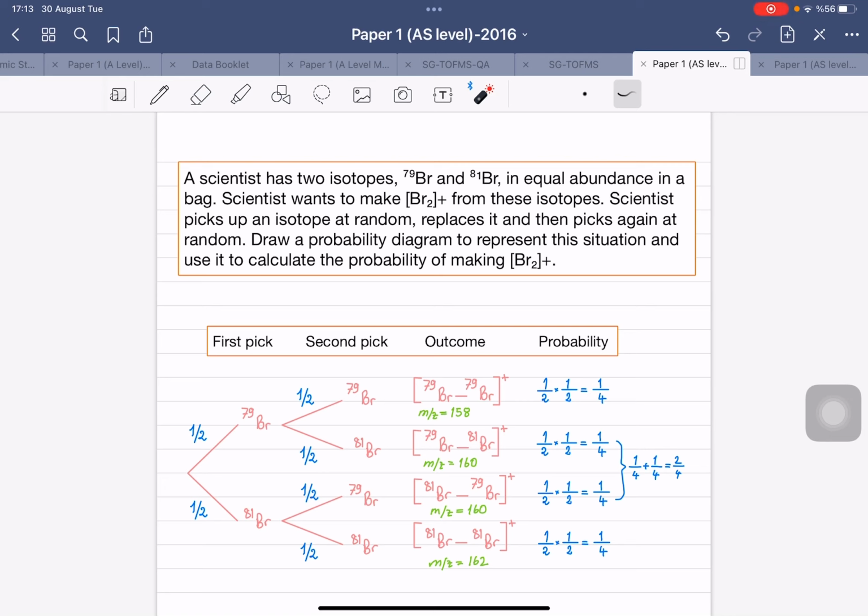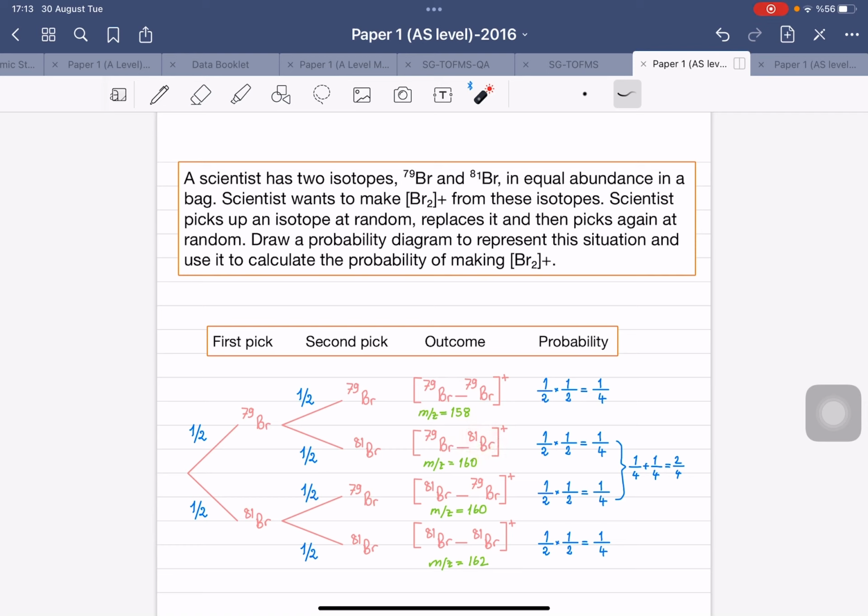Or I may get bromine 81. In my first pick, I got bromine 79. In my second pick, I can get bromine 81.